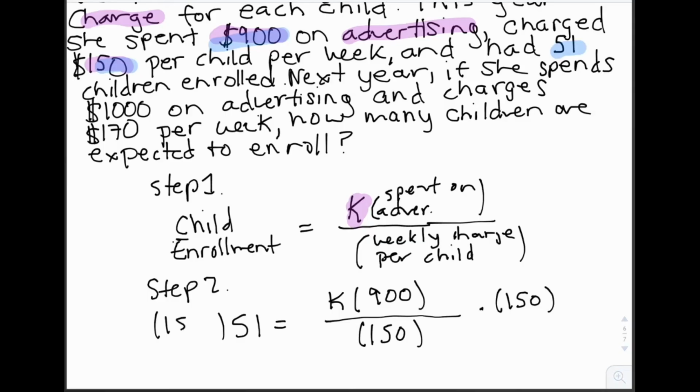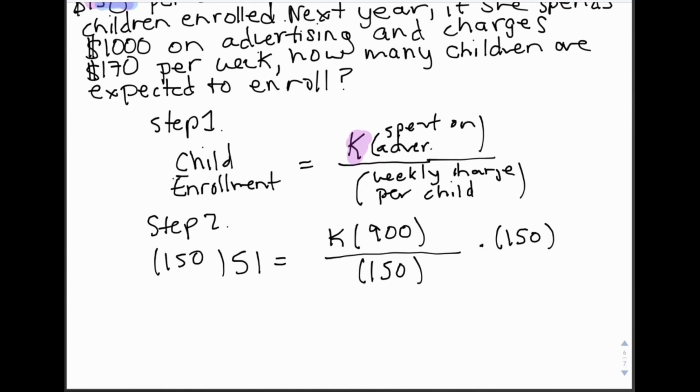So 51 times 150 gives us 7650, which is equal to our k times 900. Or in other words, our k is going to be equal to 8.5. So now that we've found k, we can move on to step number 3.